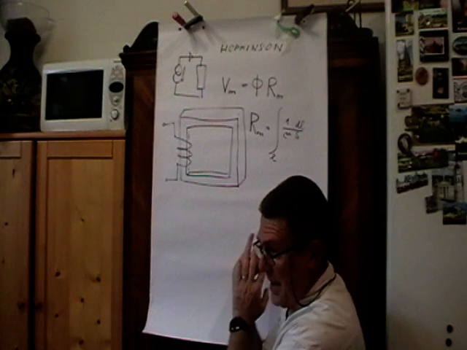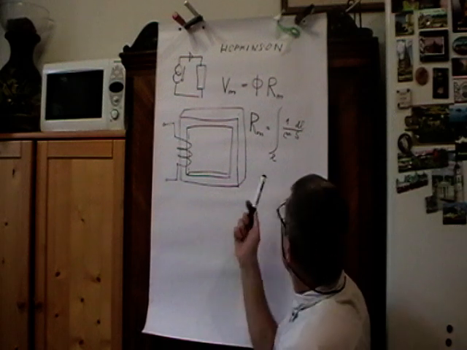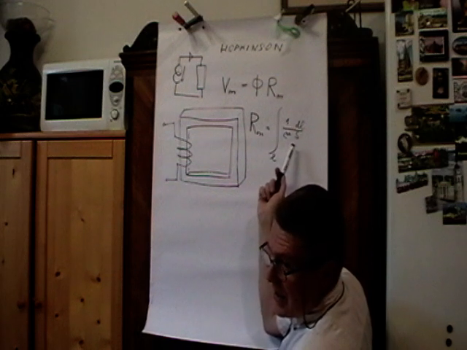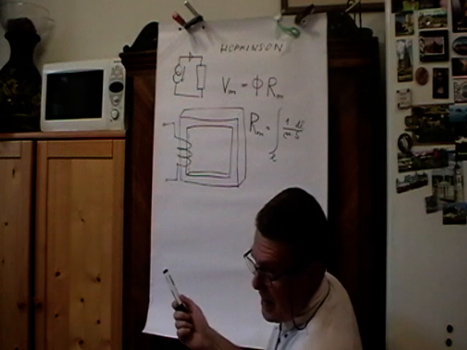For most simple cases, you would not have mu and cross section dependent on the length.